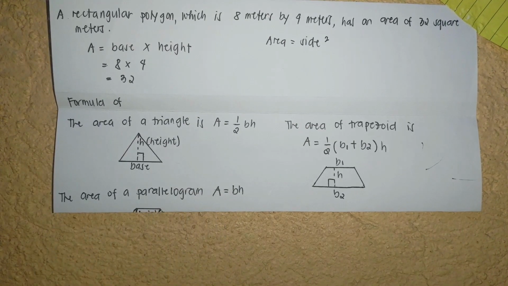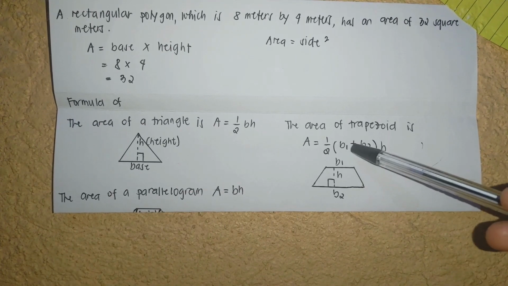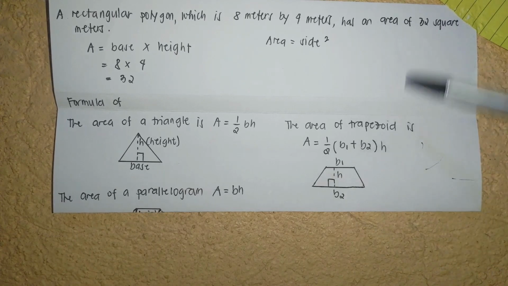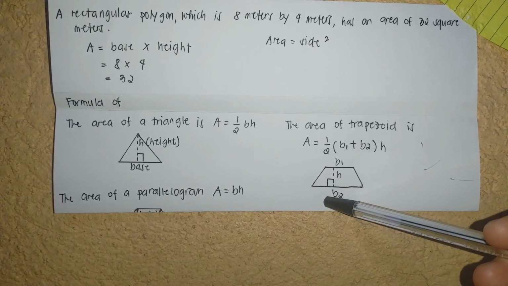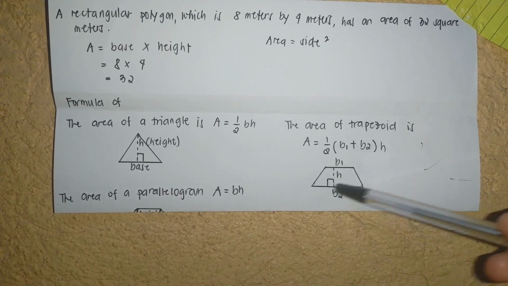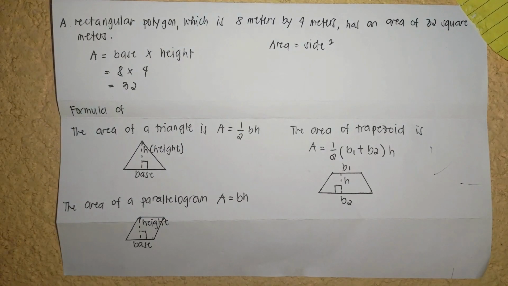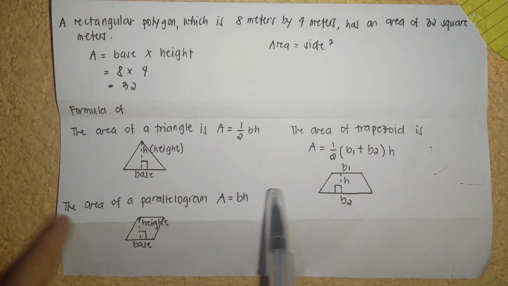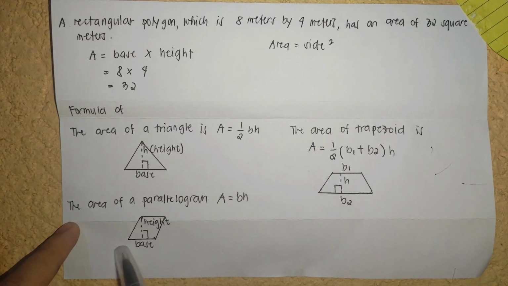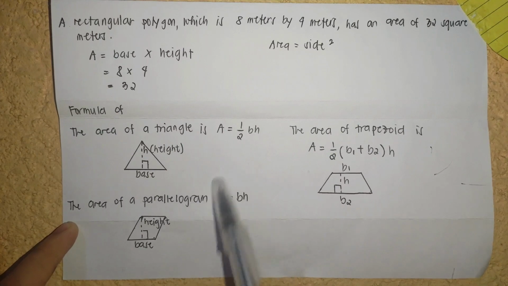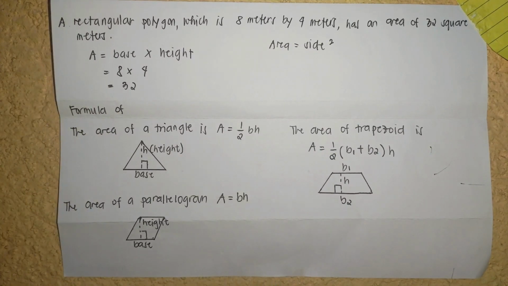Then, kung trapezoid naman is 1/2 times yung base 1 plus base 2 times height. Ganun lang po. And kung area naman po ng parallelogram, ang gagamitin lang nating formula is simply the area equals base times height. Para lang siyang yung sa rectangular polygon. Ganun lang.